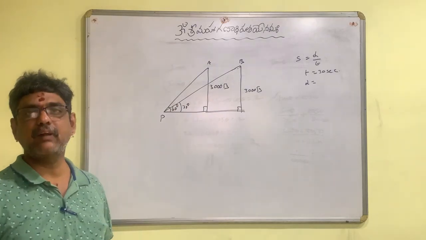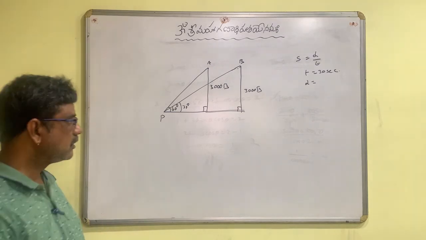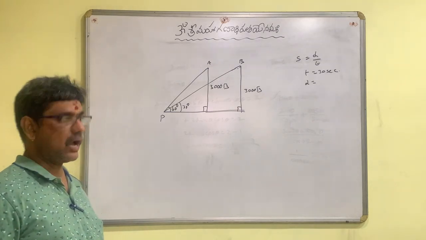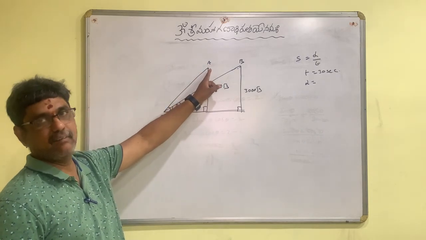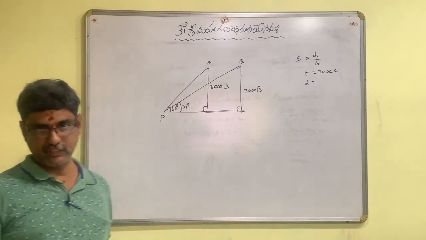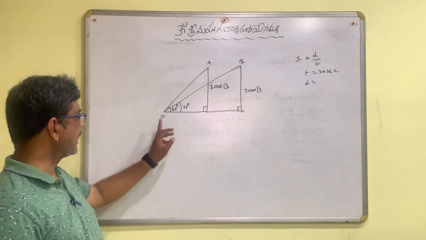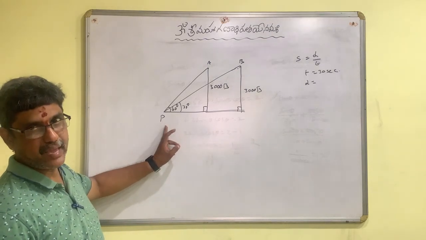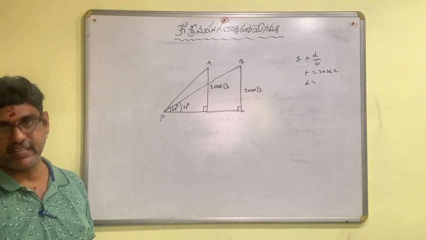And the aeroplane is flying at a height of 3000√3 meters from the ground. Now, after 30 seconds, the aeroplane travels from A to B. Then the angle of elevation from P, same P, is 30 degrees. Aeroplane is maintaining constant height.